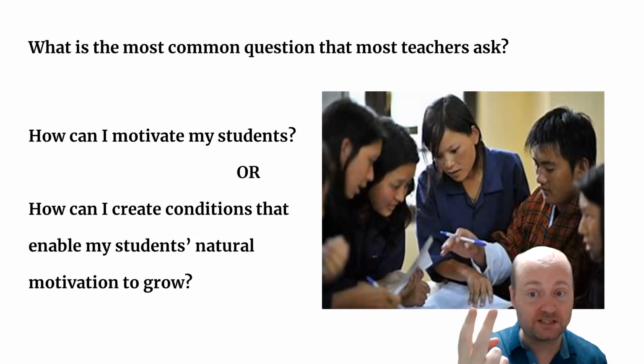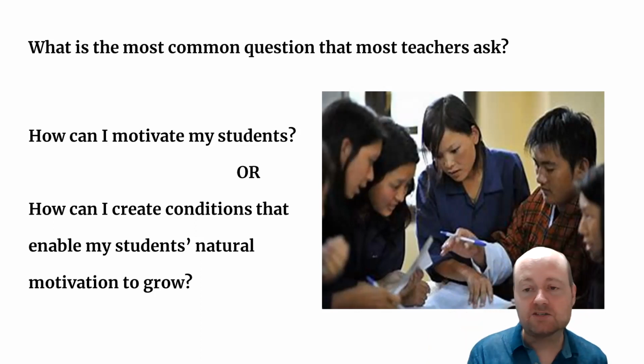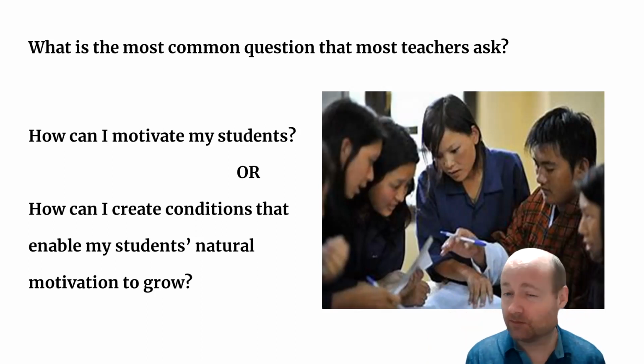Two, competence is enabling them to learn the know-how and the skills that will be useful to them in their life in achieving what they autonomously want to do. And three, relatedness is making sure that they feel an emotional connection, emotional warmth within the environment that they're in.